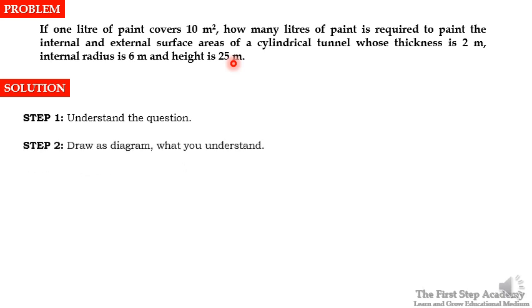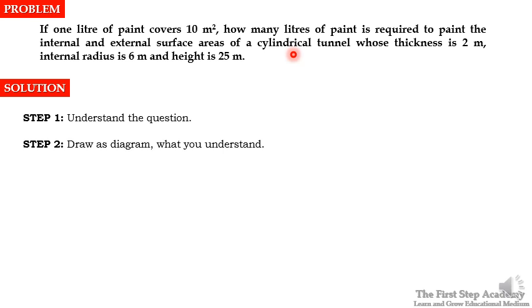The second step is to draw a diagram of what you understand from the question. Through this we can confirm what shapes are involved in the question. Sometimes the question itself directly gives the shapes. In this question, for example, the given cylindrical tunnel is cylindrical in shape.